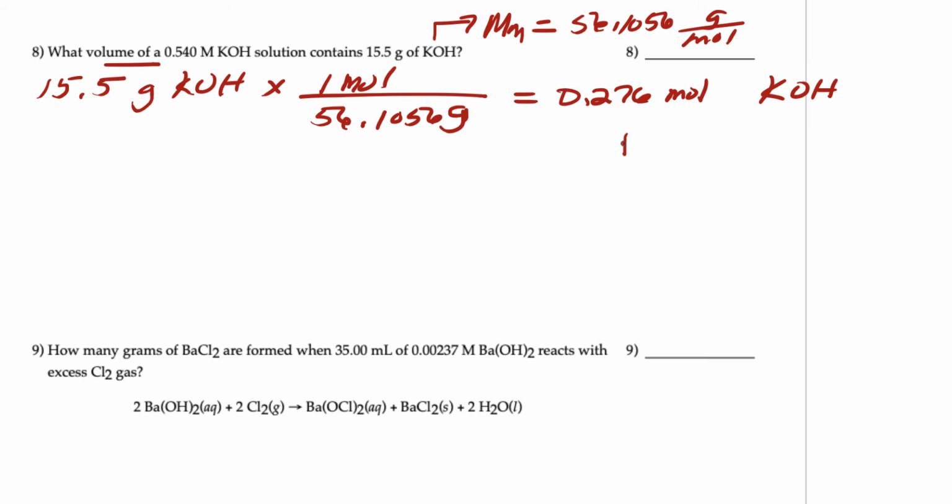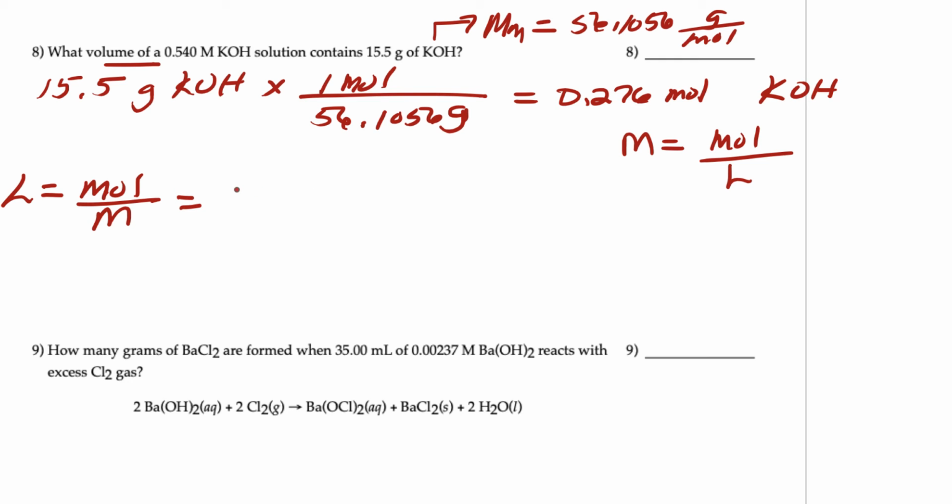So again, molarity is moles of solute, in this case the potassium hydroxide, over liters of solution. So we need to solve for the volume. So the volume is going to be moles over molarity.